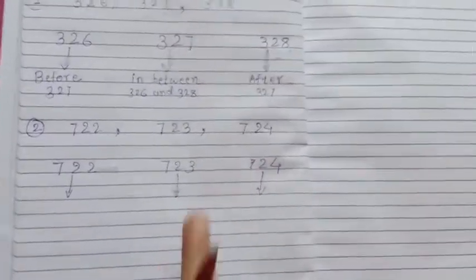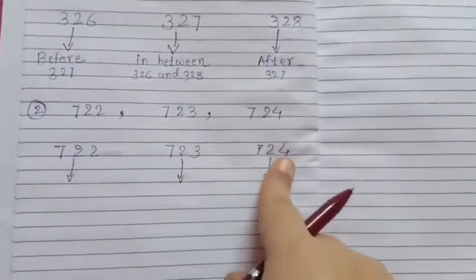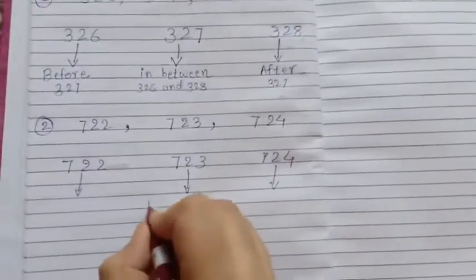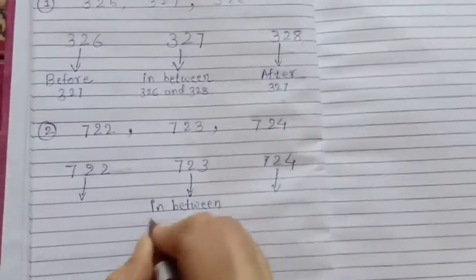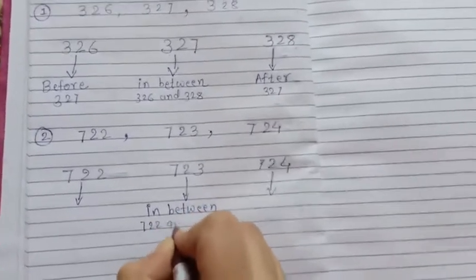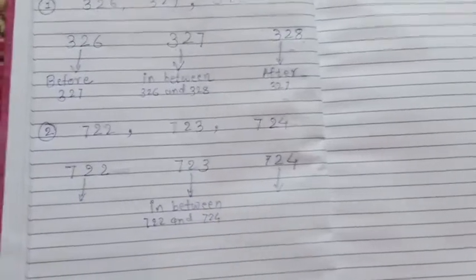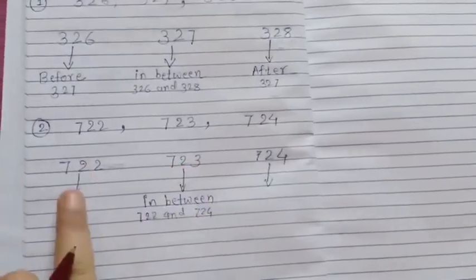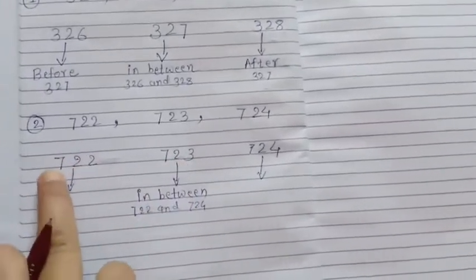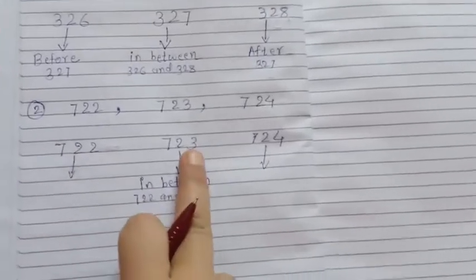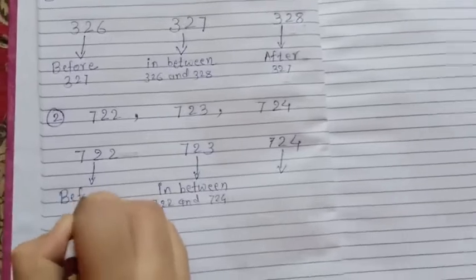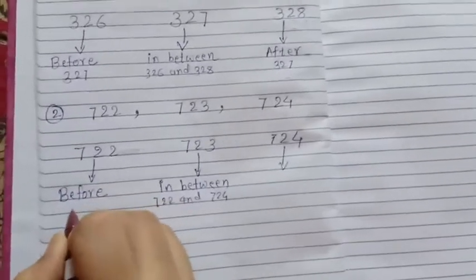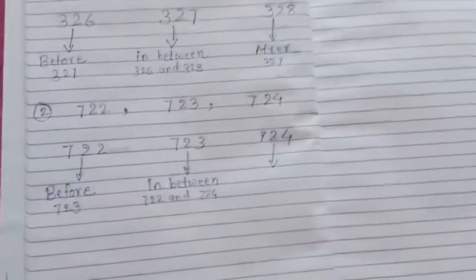So clearly you can see that 723 is between 722 and 724. So you have to write in between 722 and 724. Okay, so the first, previous number 722 is before 723. So you have to write before 723.